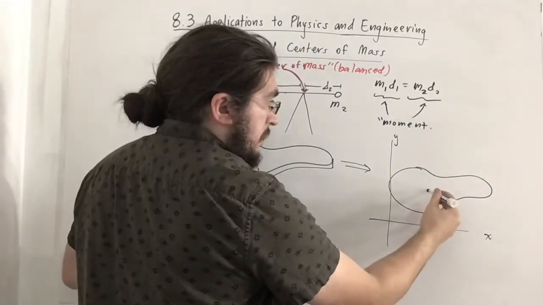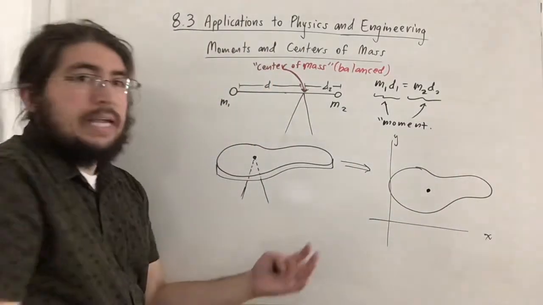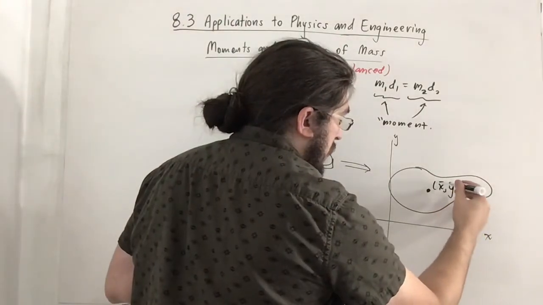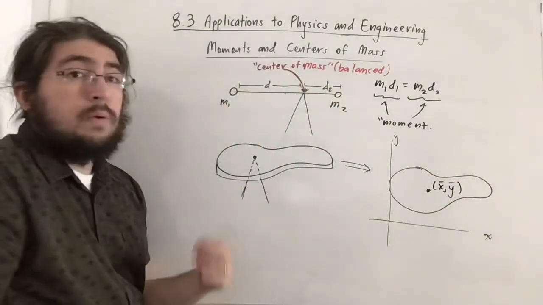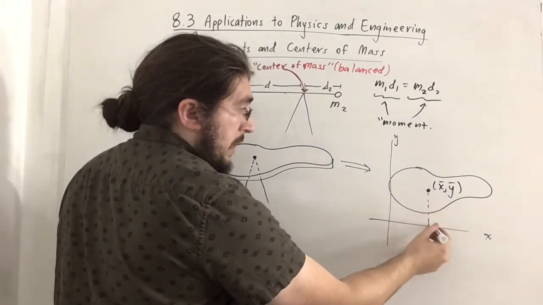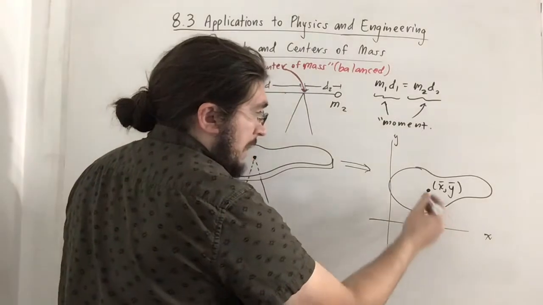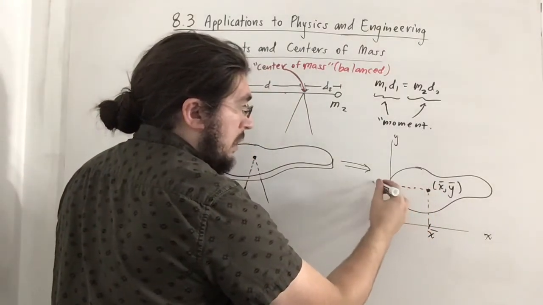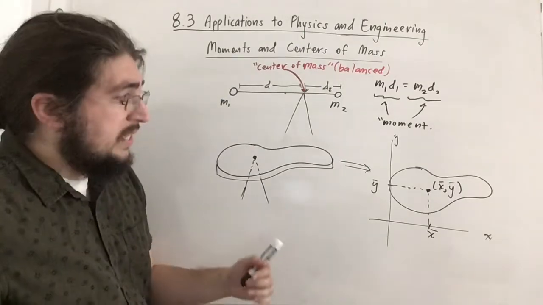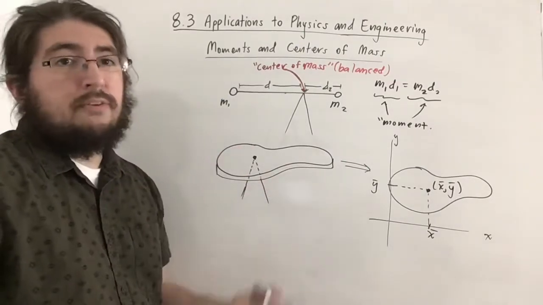Now this center of mass is just a point on the XY plane, which we can denote by X bar, Y bar. And that's actually what we're going for. We want to find X bar and Y bar. Notice that's just the location on the X axis and the location on the Y axis of the center of mass. Now, as far as physics goes, this application is called the center of mass.